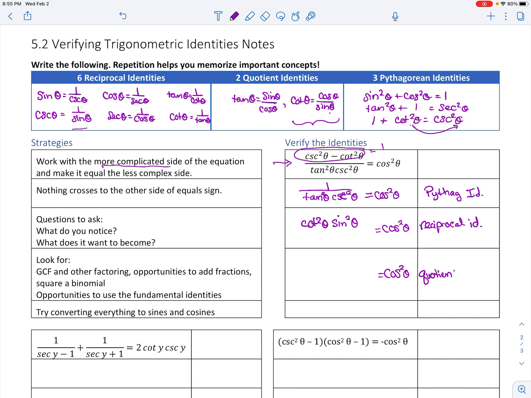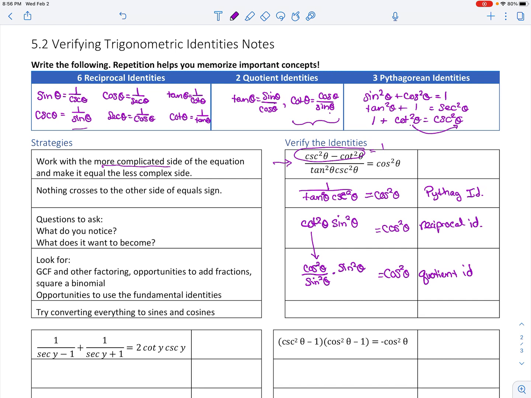as the cosine of theta times itself over the sine of theta times itself. And the sine squared theta is still there, hasn't changed. The only thing that we've changed is we've changed the cotangent squared theta to its quotient.